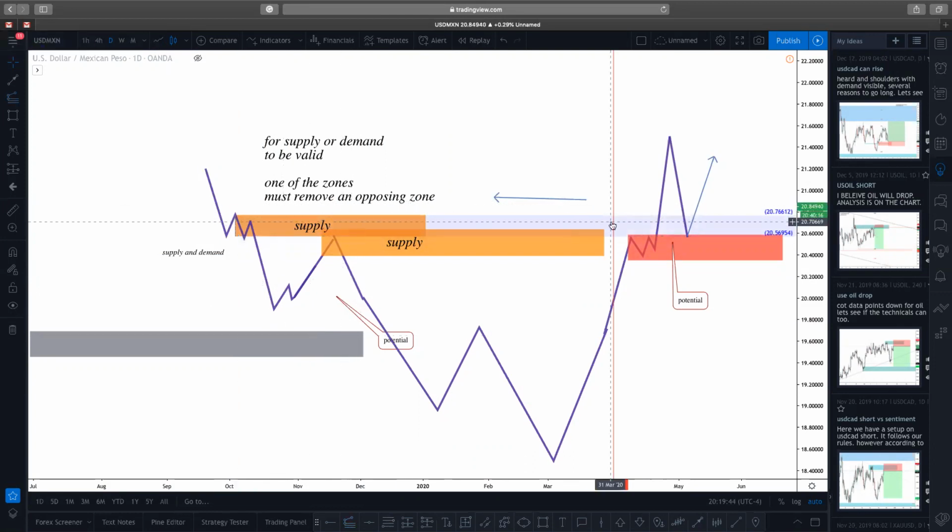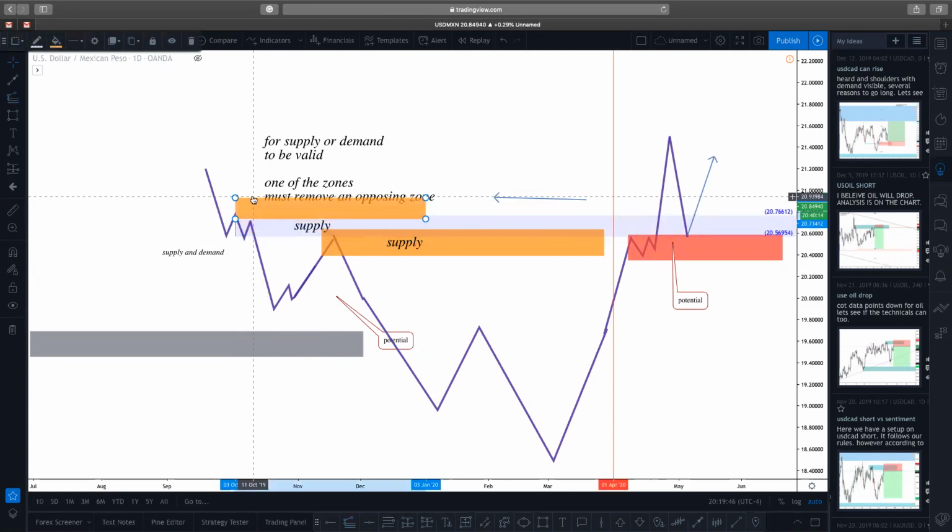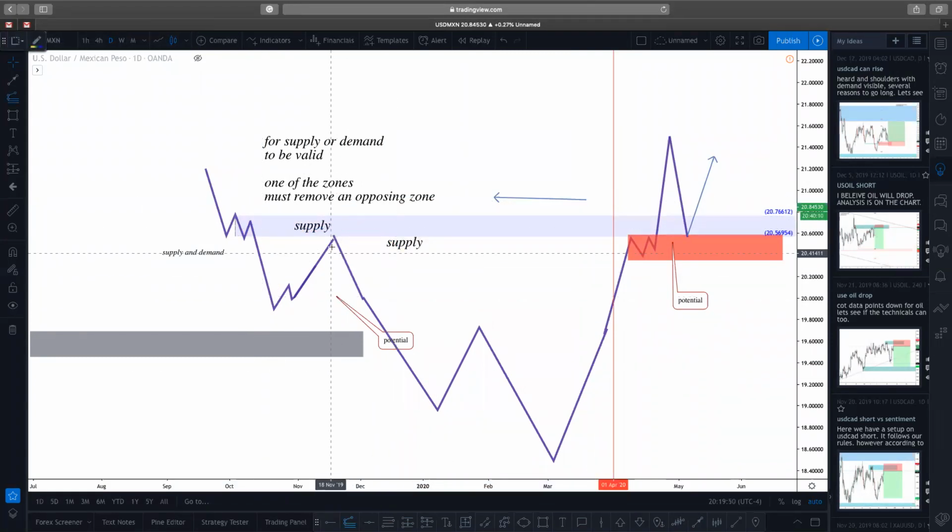This is just the zone extended out. So this demand removed these previous supply zones.